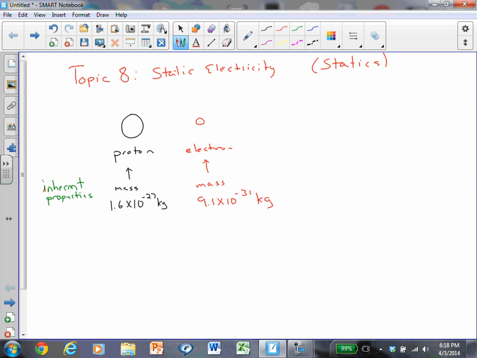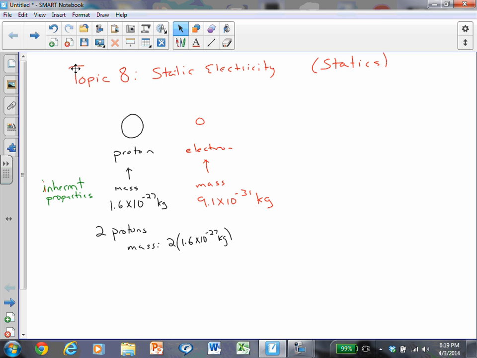If you have 2 protons, the mass would be 2 times 1.6 times 10 to the minus 27 kilograms. Likewise, 2 electrons, 2 times 9.1 times 10 to the minus 31 kilograms.